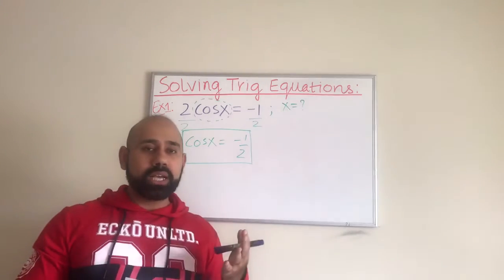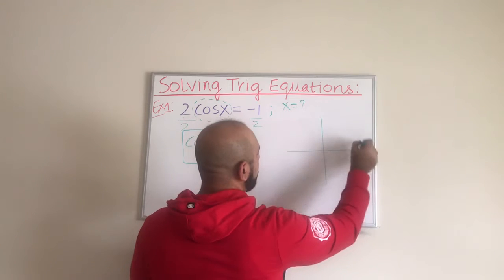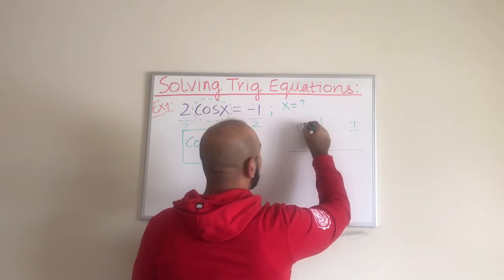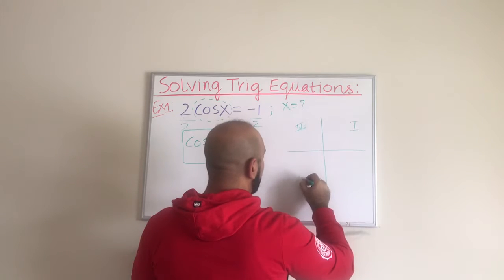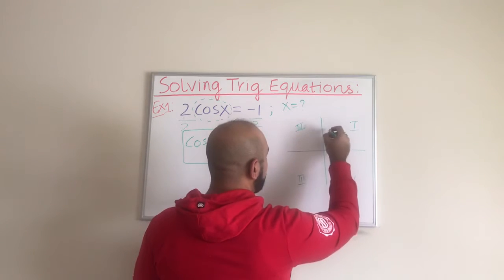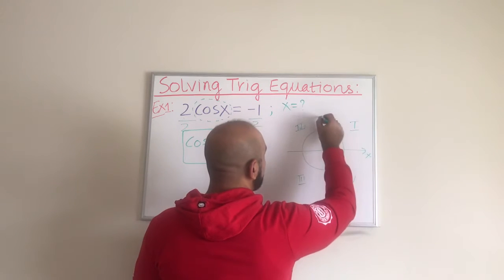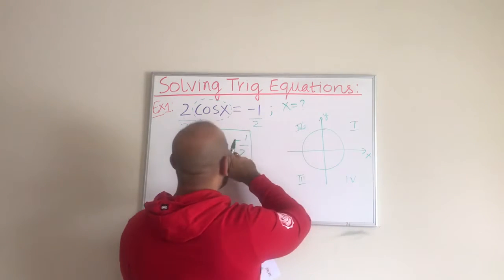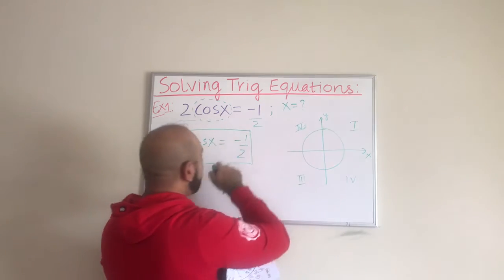So let us draw those quadrants here. This is the first one, this is the second quadrant, then the third quadrant, and then the fourth quadrant. And if I draw my unit circle, this is my x-axis, this is my y-axis. Guys, cosine is negative. So in the first quadrant, everything is positive, but we have a negative value.